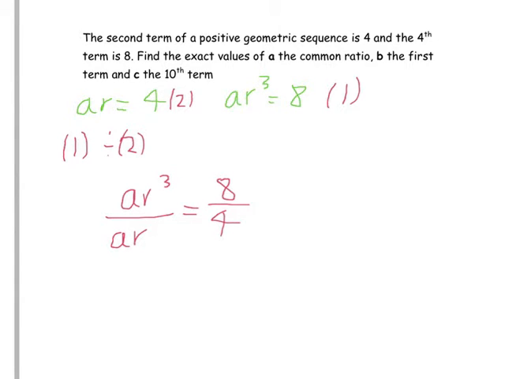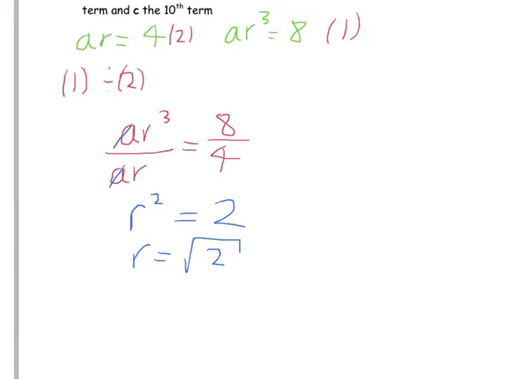Well, what you should hopefully notice is that these two a's can cancel each other out, and r cubed divided by r is r squared, and 8 divided by 4 is 2. So r is equal to the square root of 2. Now we know the common ratio is times by root 2.